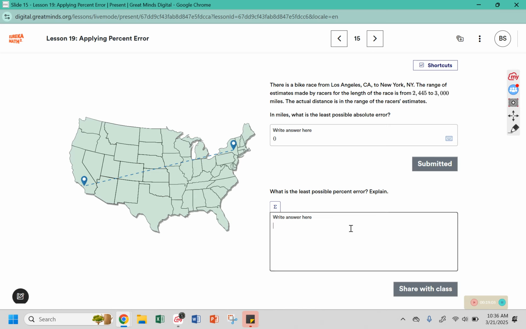What is the least possible percent error? Well, if they're 0 miles off, then that's 0% error. If they guess the correct distance, or predict or estimate the correct distance, then there would be no error. They would be correct.